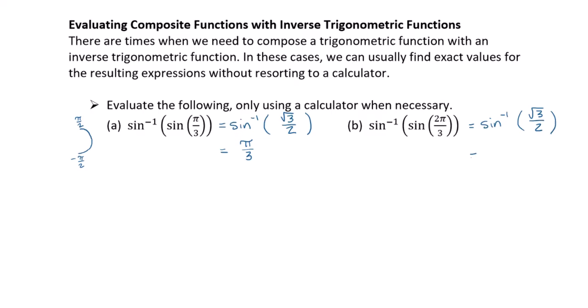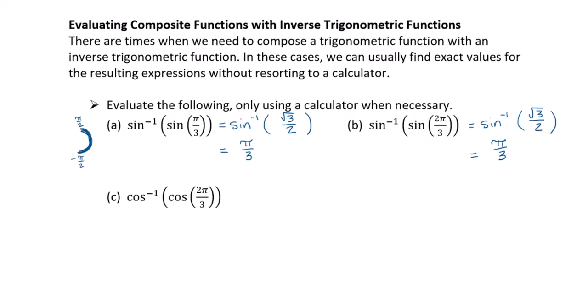Now I'm taking the inverse sine of square root 3 over 2, just as I did on the last problem. Remember, we're taking values from negative pi over 2 to pi over 2. Those are the angles that we have to choose from. And the angle that satisfies the sine being the square root of 3 over 2 is going to be pi over 3.